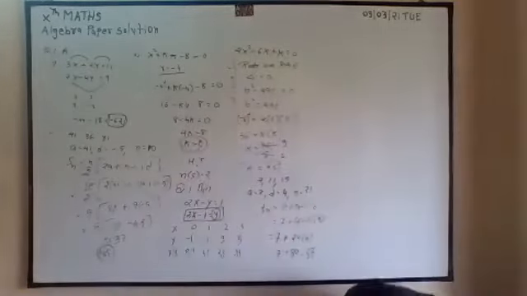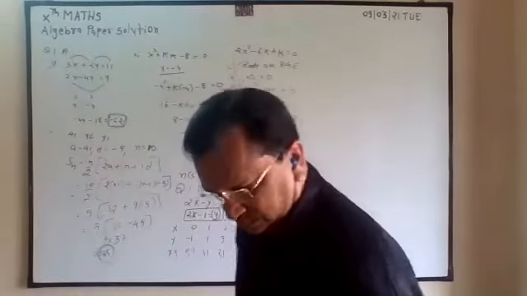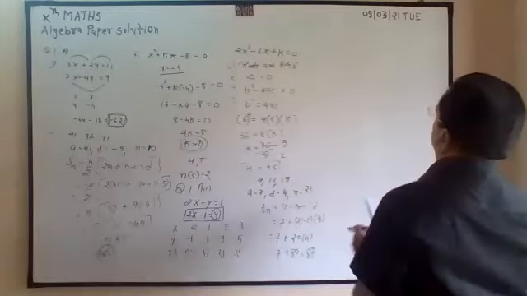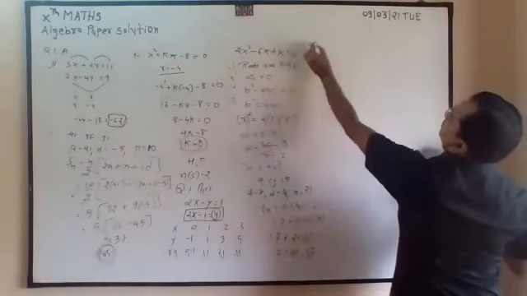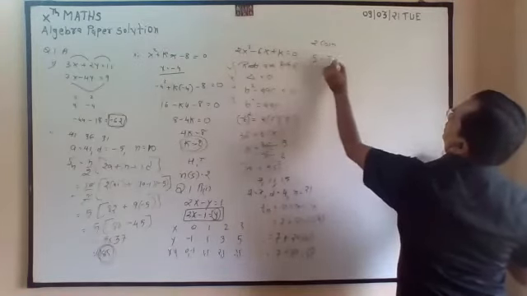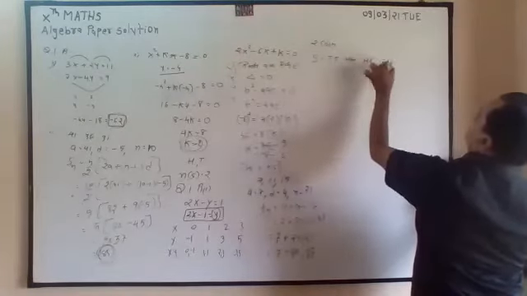Next, two coins are tossed. So S is equal to TT, HH, HT, TH.